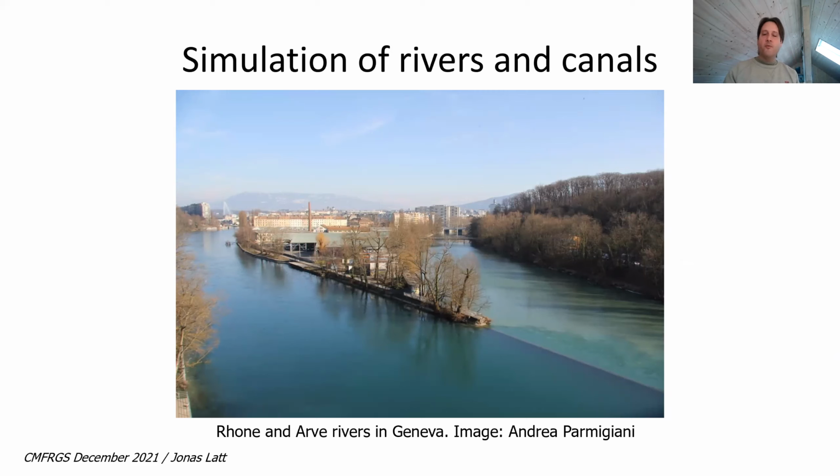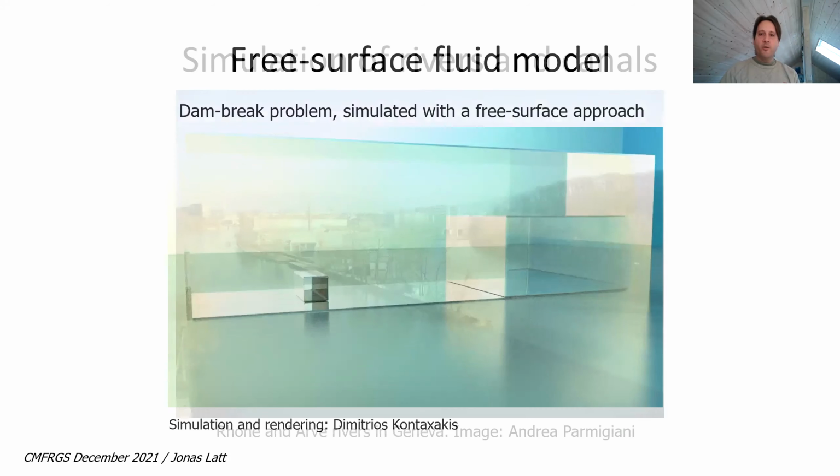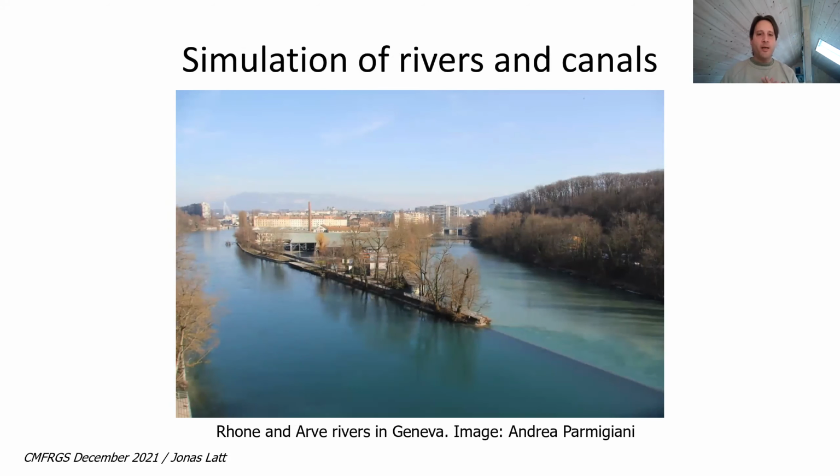So here you have the joining between the Rhone River in Geneva and the Arve, and you can see that the Arve on the right is coming from the mountains, so it is really charged with sediments. It's brown, and all of this is leaving Geneva and flowing into France. But right before it goes to France, it will be caught by a dam.